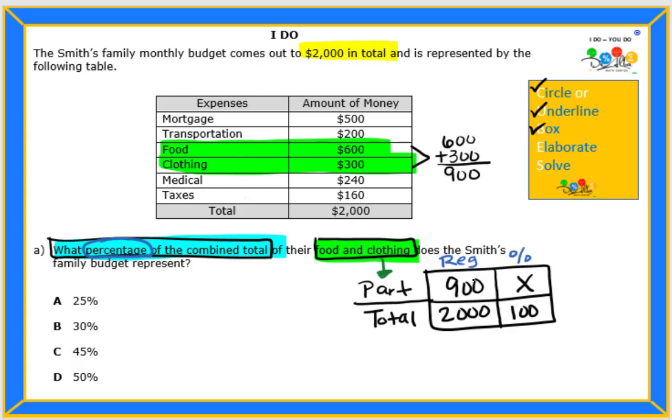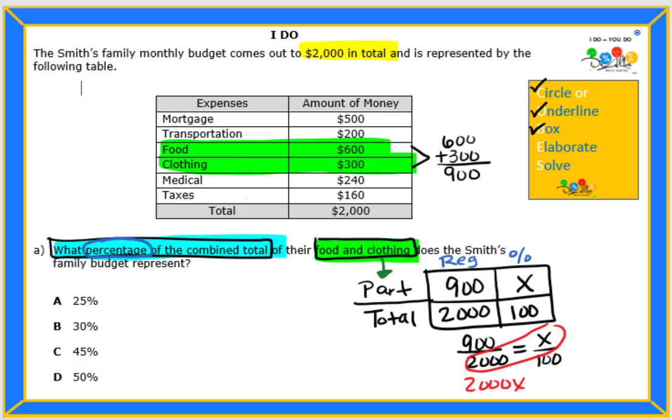Now we have everything we need to solve this proportion. So we have 900 over 2,000 is equal to x over 100. So we can cross multiply, use our cross products. 2,000 times x is 2,000x.